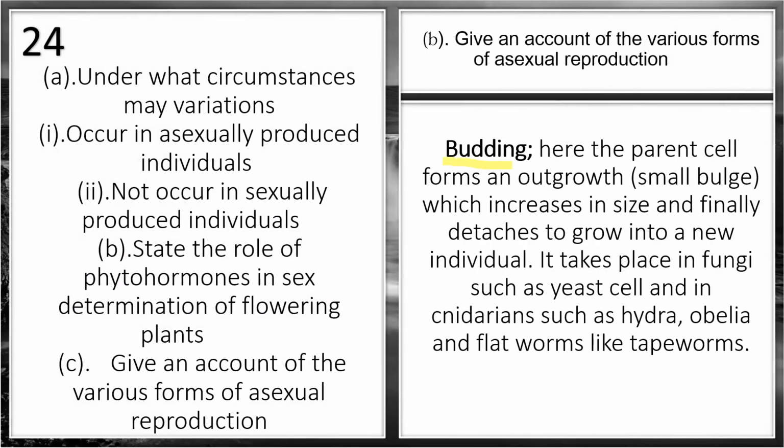Budding. Here the parent cell forms an outgrowth, a small bulge. This increases in size and finally detaches to grow into a new individual. It can take place in fungi such as yeast cells, Cnidarians such as Hydra, Obelia, flatworms, tapeworms, and so on.